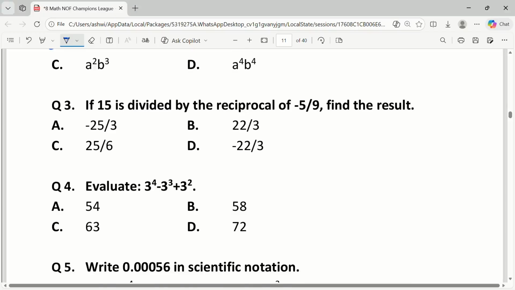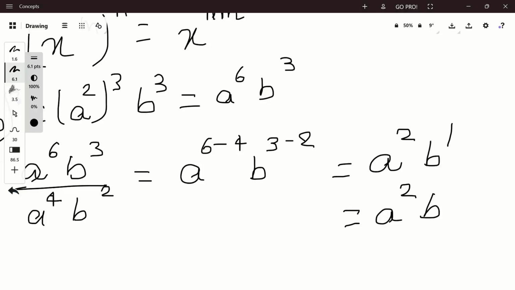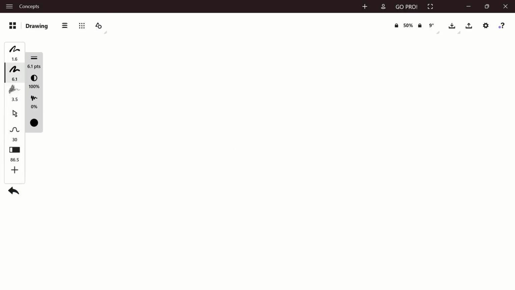Question 3. If 15 is divided by the reciprocal of minus 5 by 9, the result is. The reciprocal of minus 5 by 9 is minus 9 by 5.